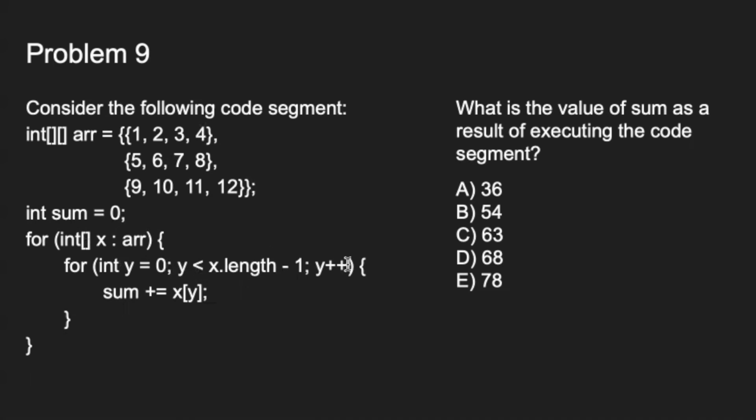Remember that if we want to go through every element in the current row, we need y less than x.length, or y less than or equal to x.length minus 1. If you do y less than x.length minus 1, that will skip the last element in the row.